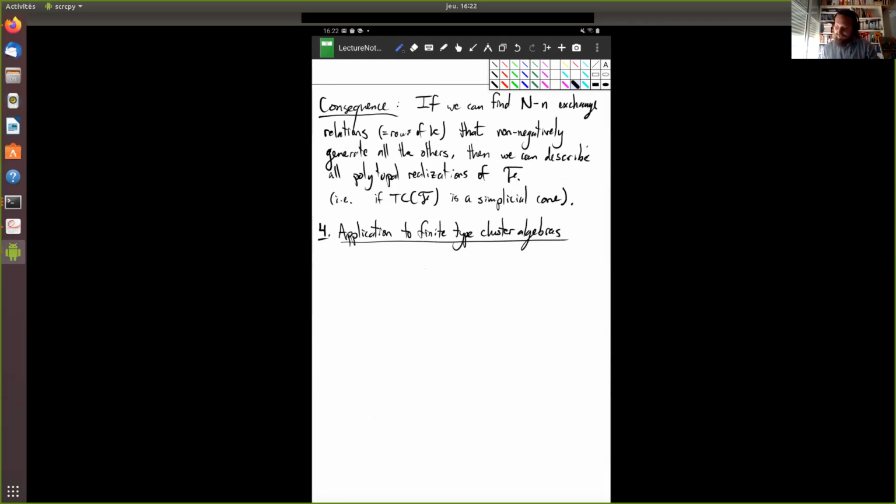And this result will tell us that first, the type cone of G vectors in finite type is always simplicial, and it will give us a way to find precisely what are the exchange relations that define it. So we have an actual description of the type cone, and therefore an actual description of all polytopal realizations for the G vector fans in any finite type cluster algebra. So let B be a Q-symmetrizable matrix of Dynkin type.